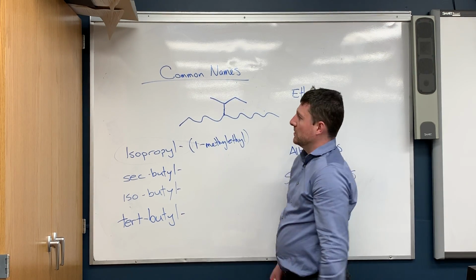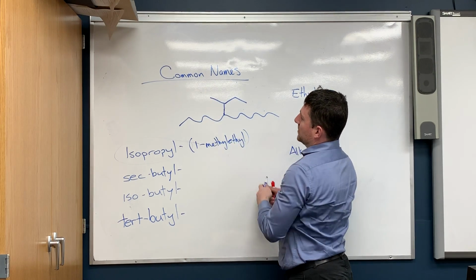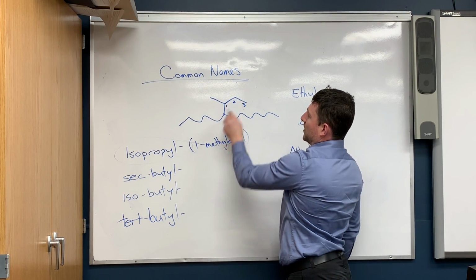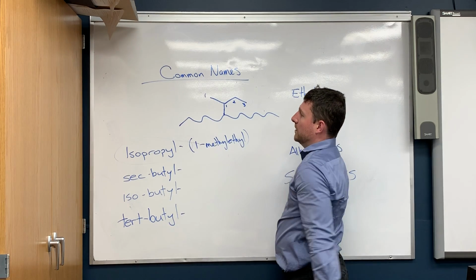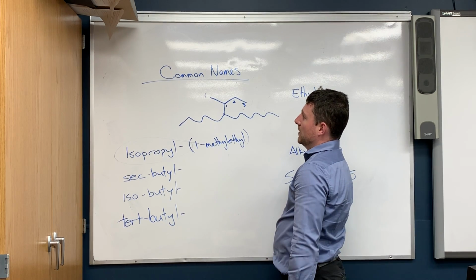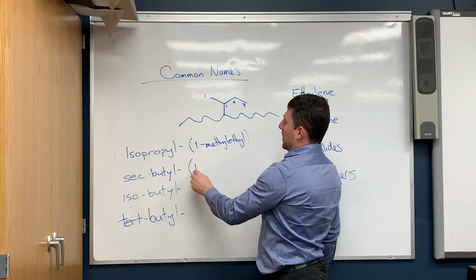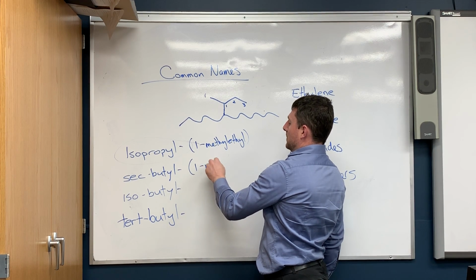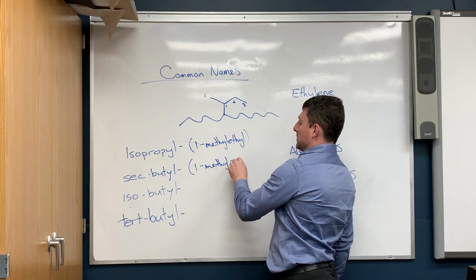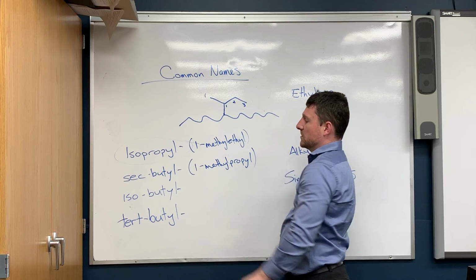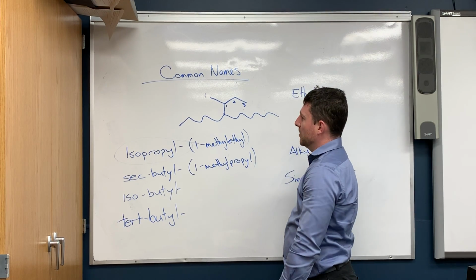Well, normally what we would do is we would find the longest branch that's attached. So we'd call that a 1, 2, 3. That would be a propyl, and this would be a 1 carbon methyl group, right? So we would call this a 1-methyl propyl complex branch. So that's the one that we already dealt with in the complex branches.